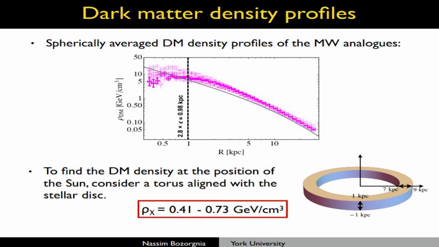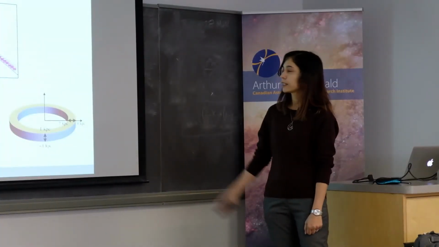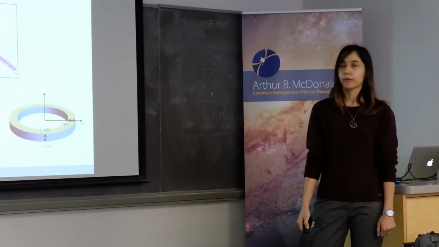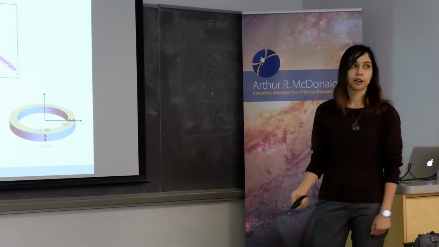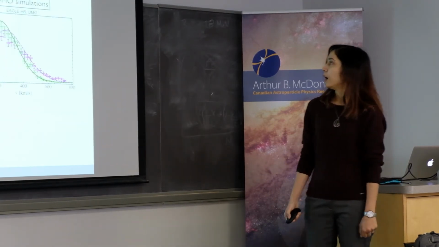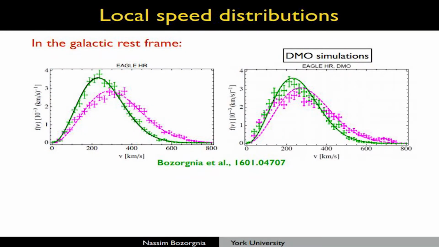And then we wanted to find the velocity distribution of the dark matter particles in this torus. This is in the galactic rest frame, and this is showing you the velocity distribution for 2 different halos in Eagle. The green and the magenta are 2 different halos, data points. And then what is plotted here as dashed colored curves are their best fit Maxwellian velocity distributions.